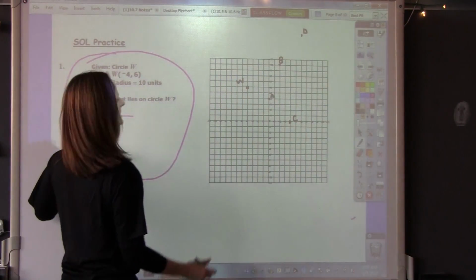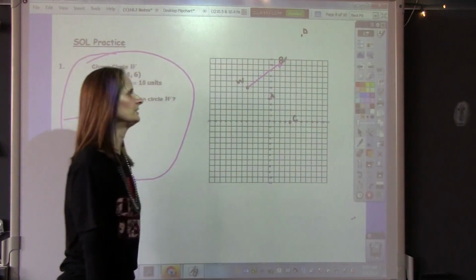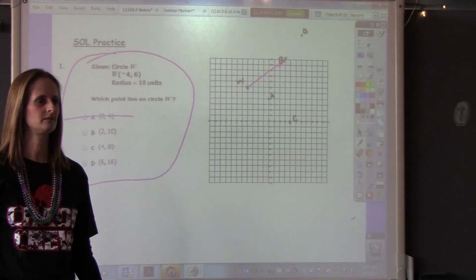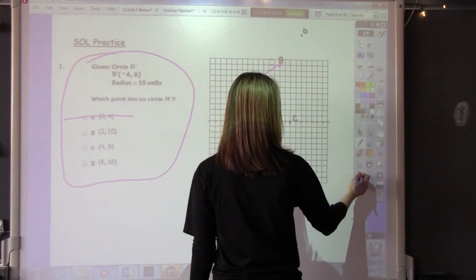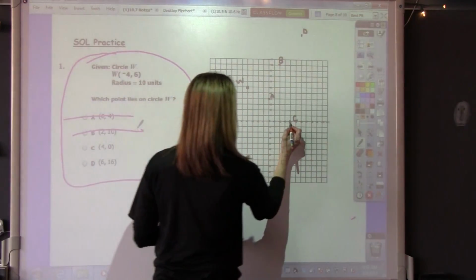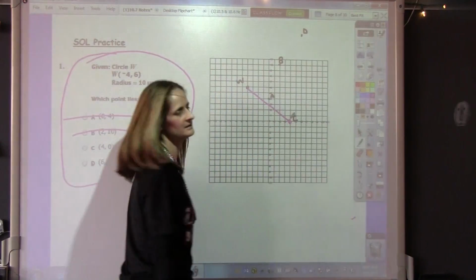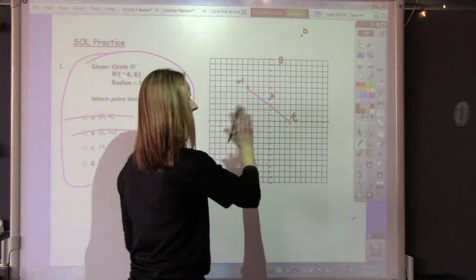What about B, 2, 10? Could that be a length of 10? It doesn't look like it to me. Okay, C, 4, 0. Could that be 10? Maybe. Let's not cross that one off.